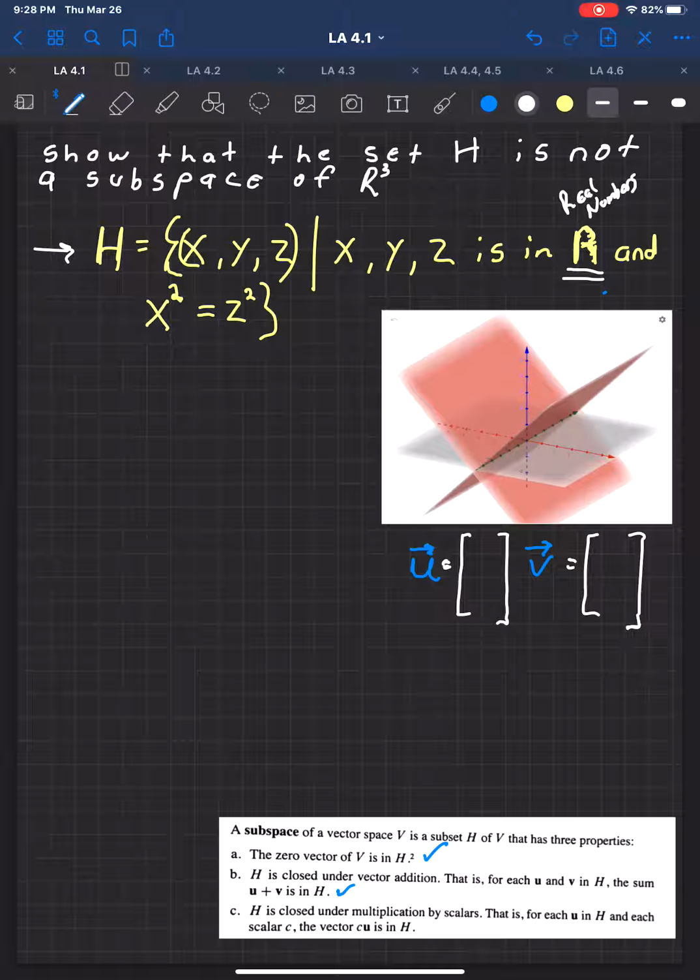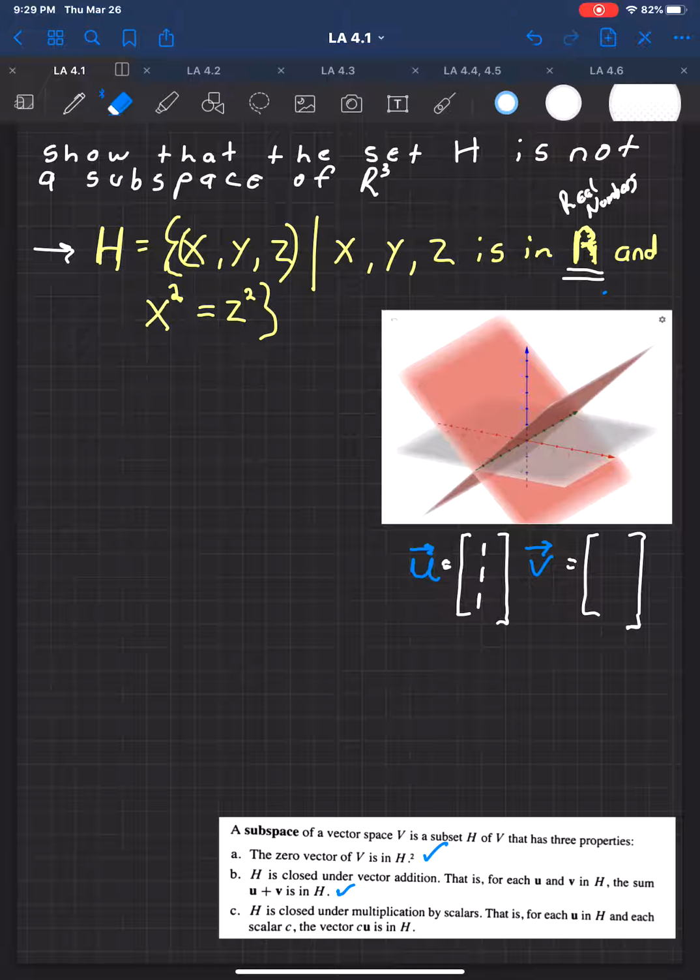So let's start. I'm going to do it this way just so we can work with some numbers a little bit more before we start working with simply x, y, z. I'm going to choose the vector 1, 1, 1. That's going to be for U. Let's agree that it is in this shaded region.